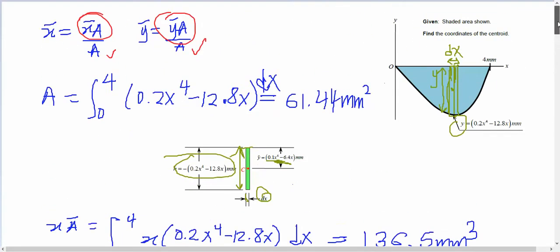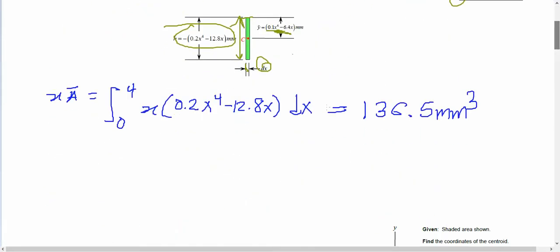So now in order to find x, we basically just divide xa by a.